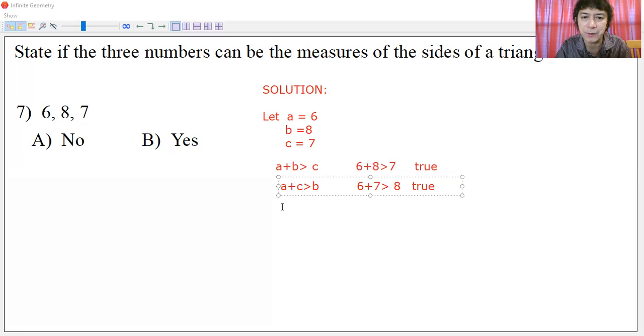How about the third test, using sides B and C. Is B plus C greater than A? That would be 8 plus 7. Will that be greater than 6? Of course, that's true. 15 is greater than 6. And again, our answer must be a valid triangle. Okay, answer is yes.